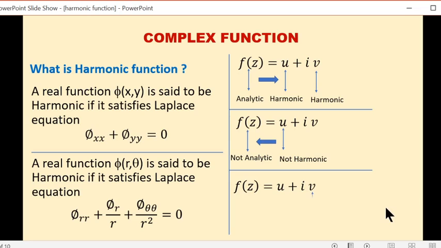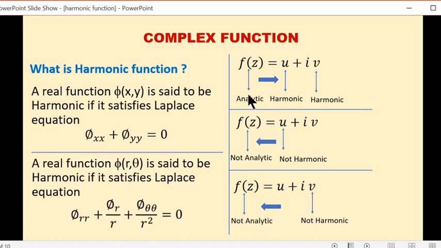Now suppose I tell you the imaginary part function v is not harmonic. What can you say about f of z now? If v is not harmonic, then again f of z is not analytic. So these are the three concepts that we have.